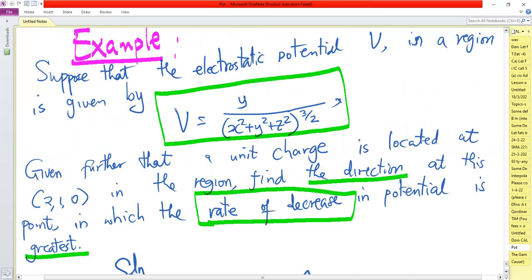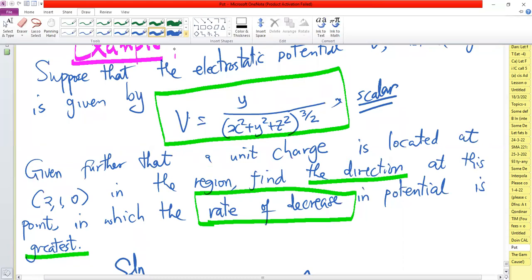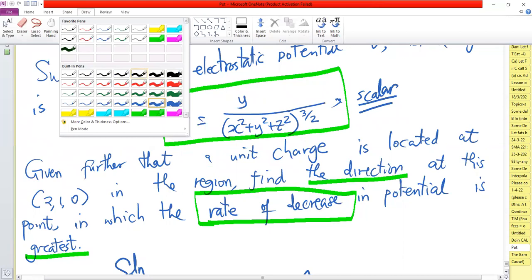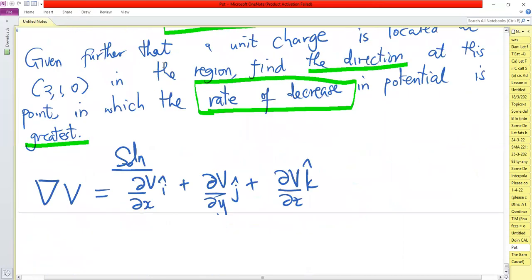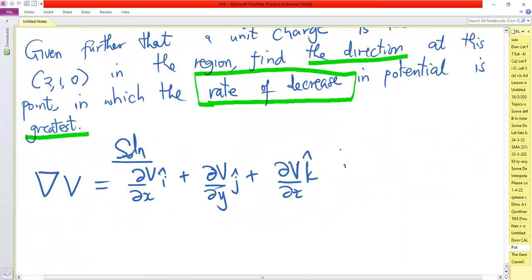That's why there's no arrow on this letter V. So this is a scalar, and that should be noted well in advance. Now, this function V can be written as y times x squared plus y squared plus z squared raised to the power minus 3/2.